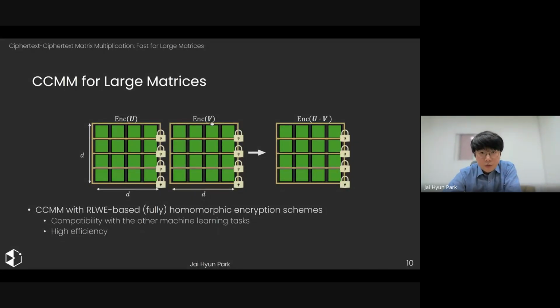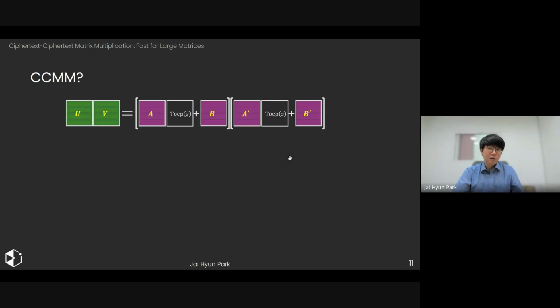Okay, so when D equals n, in our case, each CKKS ciphertext stores each row of the matrices. So we are given two bundles of ciphertexts that decrypt to each row of U and V, and our goal is to obtain the ciphertexts that decrypt to each row of the product matrix UV.